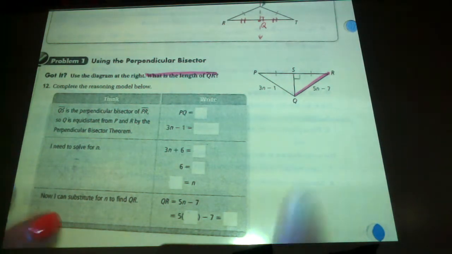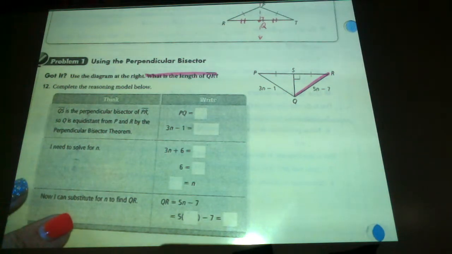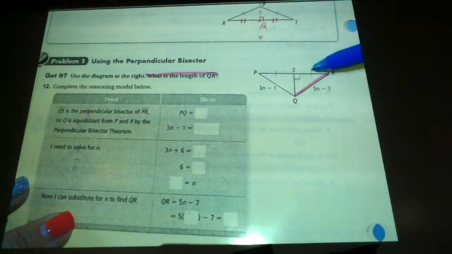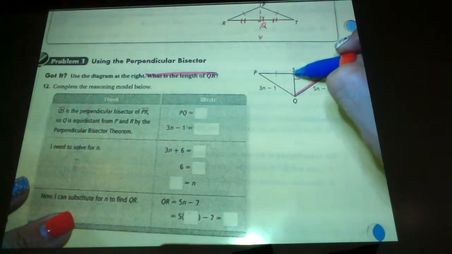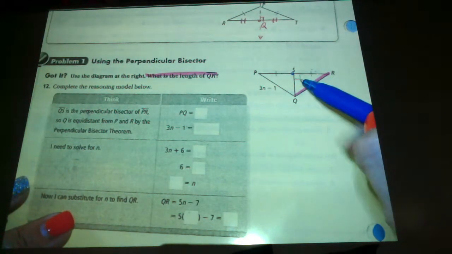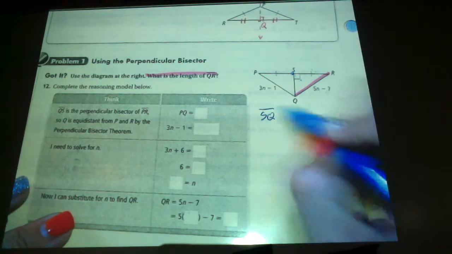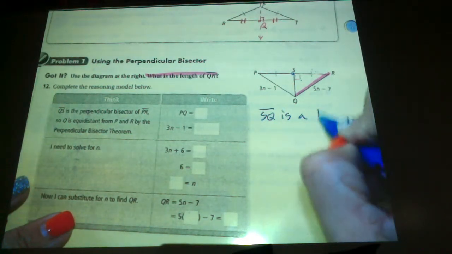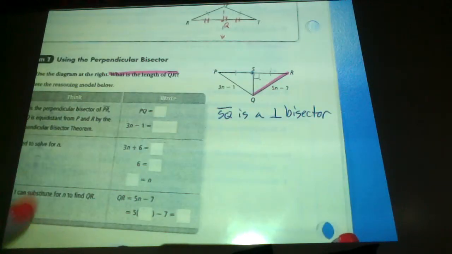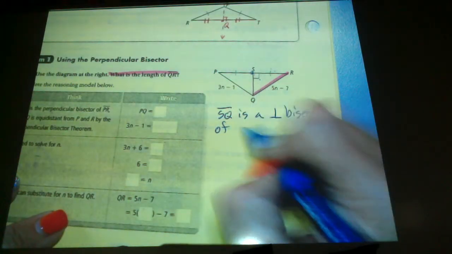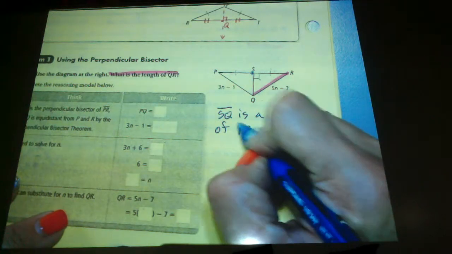So looking at the picture, please note that we have these pieces are equal, so that implies that S is a midpoint. And I have a right angle there, so that implies that SQ is what? It's a perpendicular bisector of line PR.